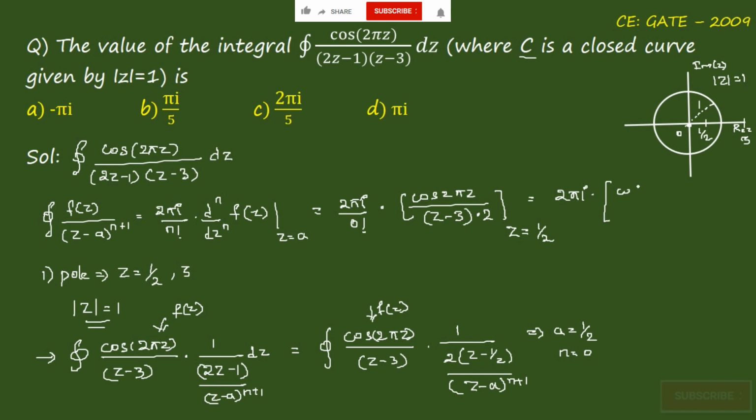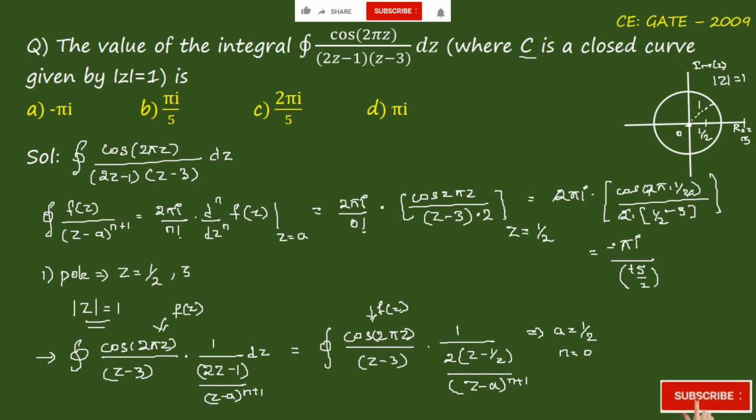So it becomes cos of 2 pi into 1 by 2 by 2 into, here it becomes 1 by 2 minus 3. Right? 2 get cancelled here and 2 get cancelled here. Cos pi is nothing but minus 1. Right? So it becomes minus pi I by, here 1 by 2 minus 3 once it becomes minus 5 by 2. Minus minus goes, becomes plus, which is equal to 2 pi I by 5.